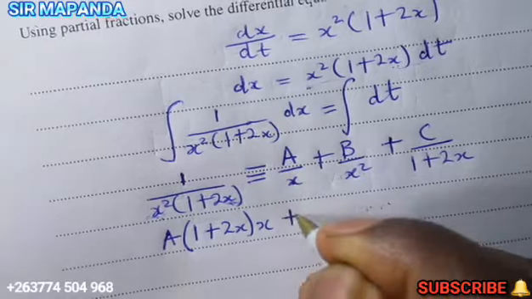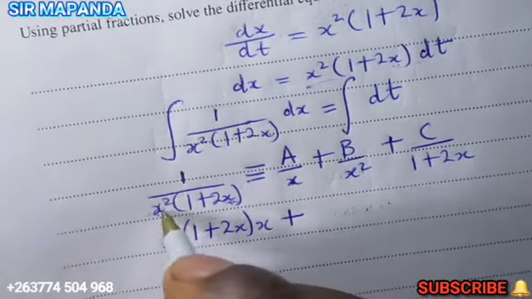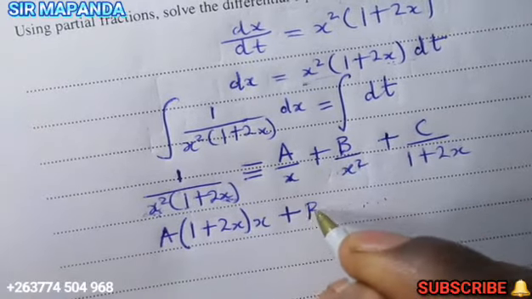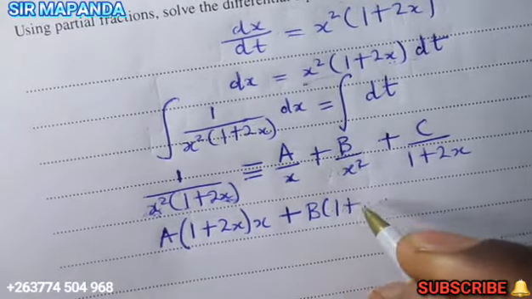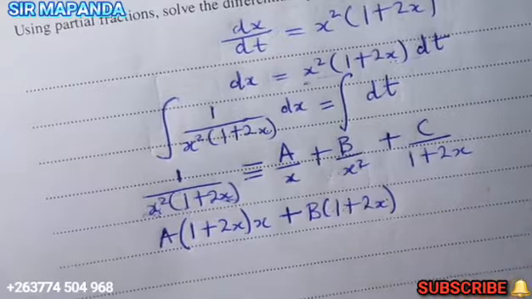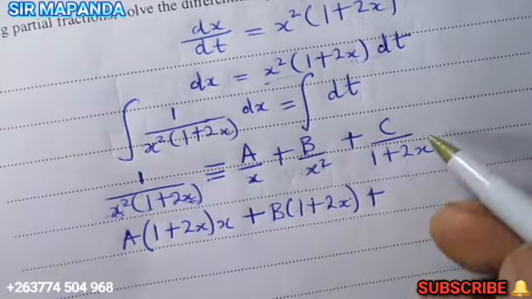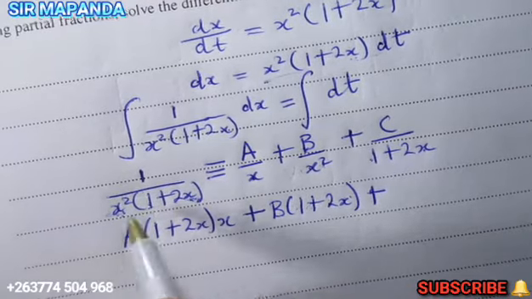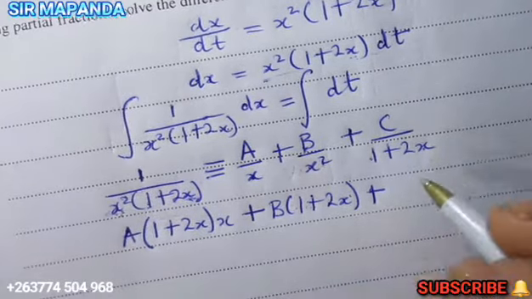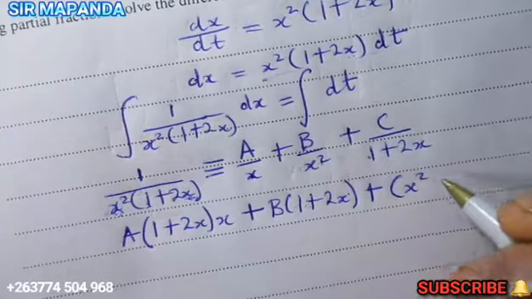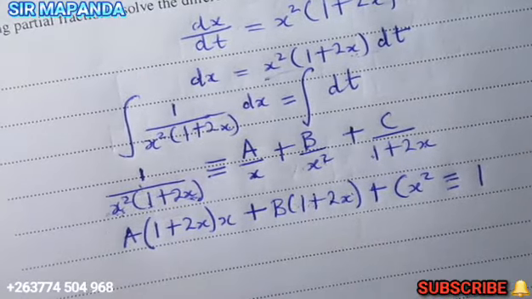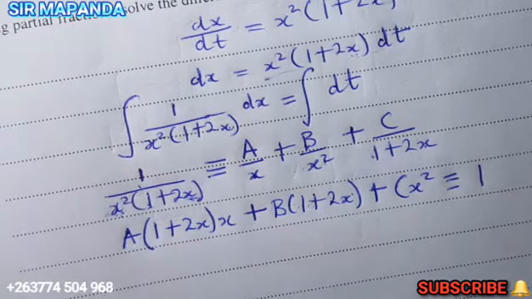Then you put a plus x squared into this denominator, you get 1 plus 2x to multiply this B. So B is going to be multiplied by 1 plus 2x, right? Then we move on to C. 1 plus 2x and 1 plus 2x, they cancel out each other, leaving you with x squared to multiply C. So you have Cx squared. This is identical to this one, right? So we'd like to find the values of A, B, and C, right?